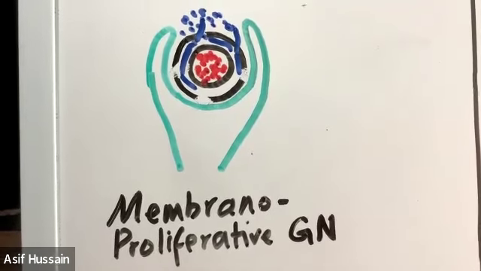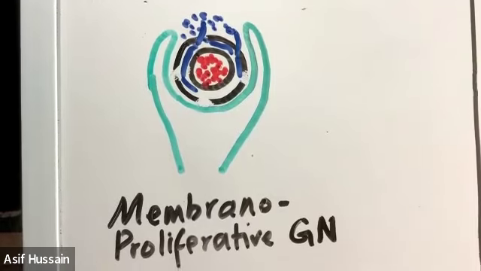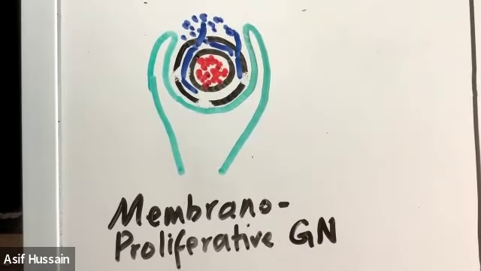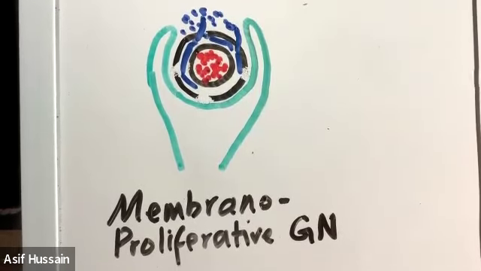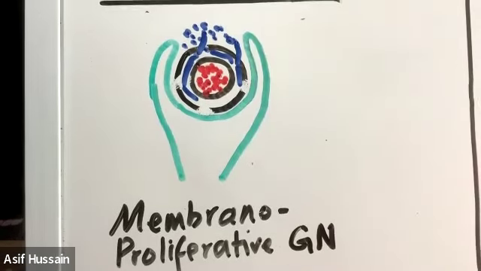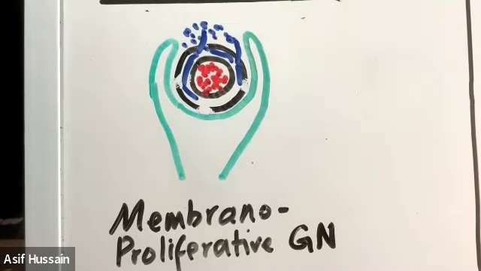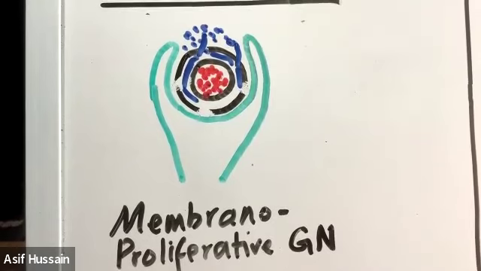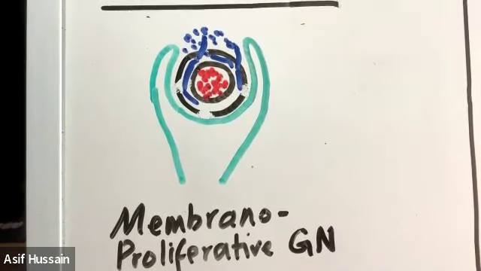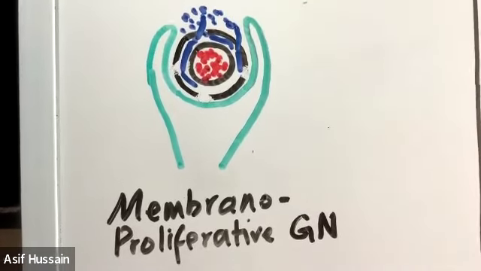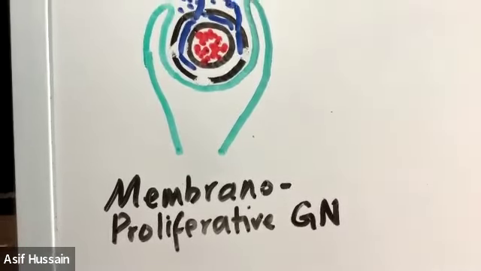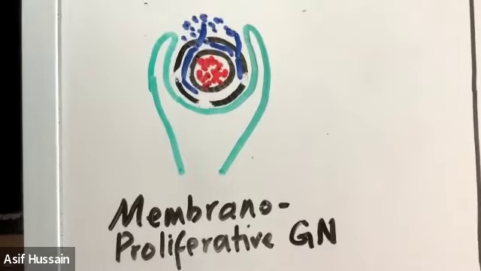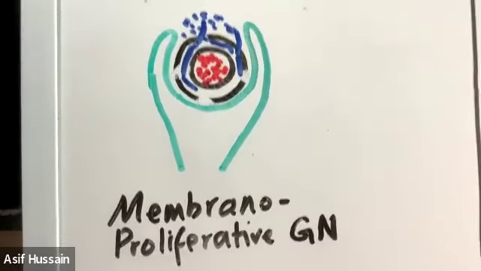The antibodies combine with the antigen, they make immune complexes, and the immune complexes deposit in the glomerulus to activate the complement system, and that complement system will bring the inflammation there. So one type of membranoproliferative GN is basically immune complex mediated, which is immune complex deposition in the subendothelial location and in the mesangial location.